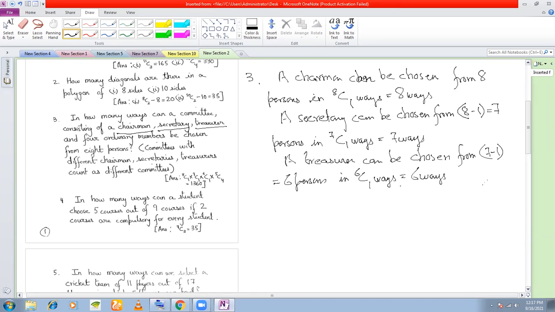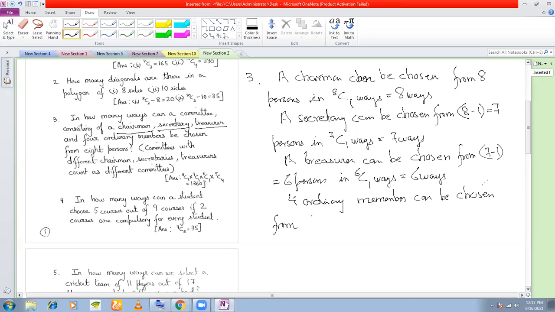Also, how many ordinary members are there? 4 ordinary members you have to choose. 4 ordinary members can be chosen from the remaining how many persons? 5.